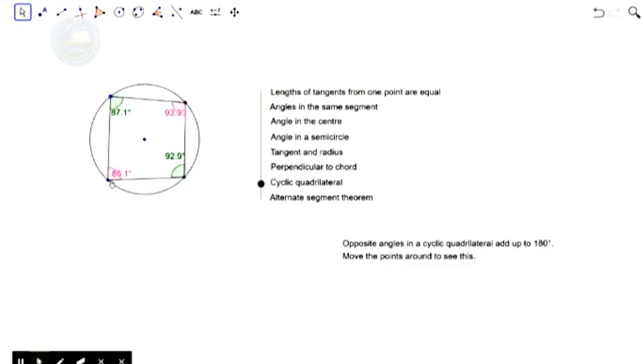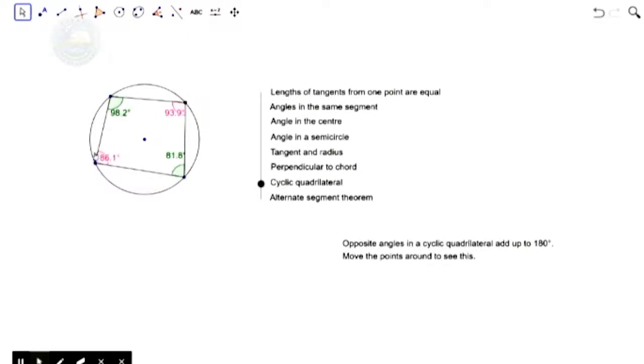And once that is true, then the angles that are opposite each other are going to be supplementary. So if we just look at this particular shape, 86.1 plus 93.9 is equal to 180 degrees. 93.4 plus 86.6 is equal to 180 degrees.